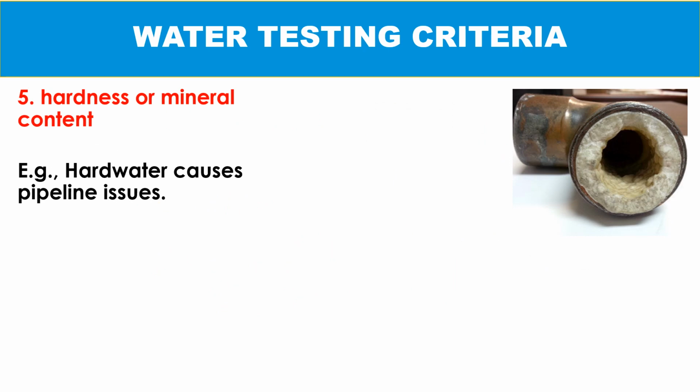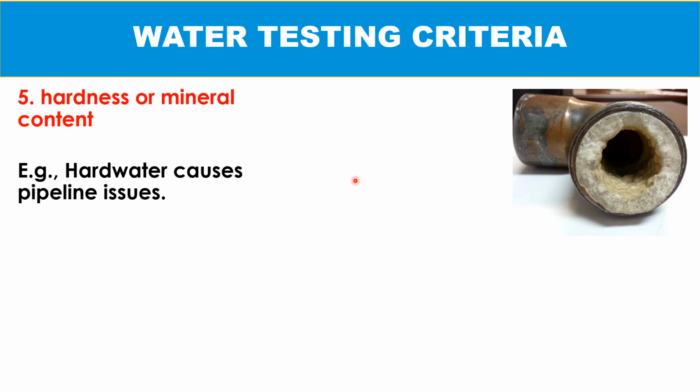The fifth one, as you can see from this nasty pipe buildup over here, is about hardness or mineral content. Remember, Alberta has a lot of sediment, which means a lot of salt and ions, metallic ions, being dissolved inside of its water.